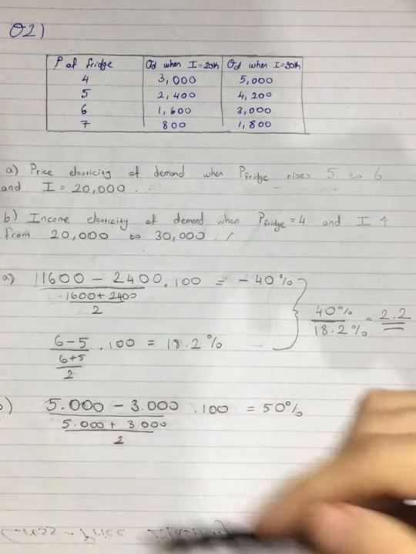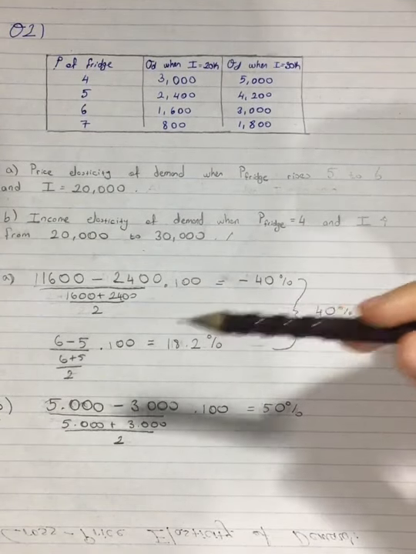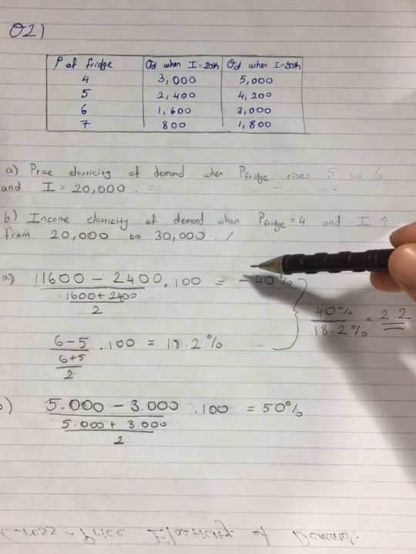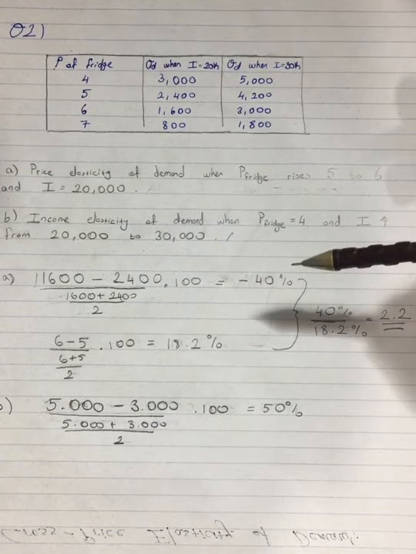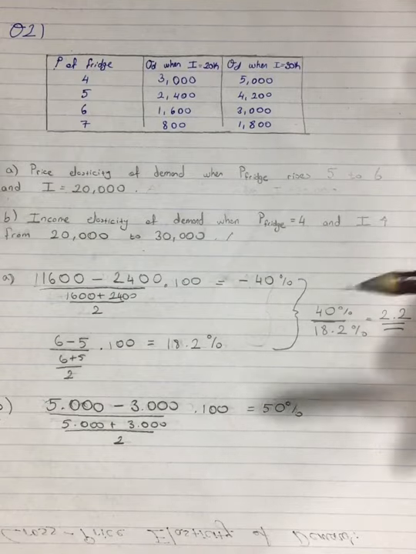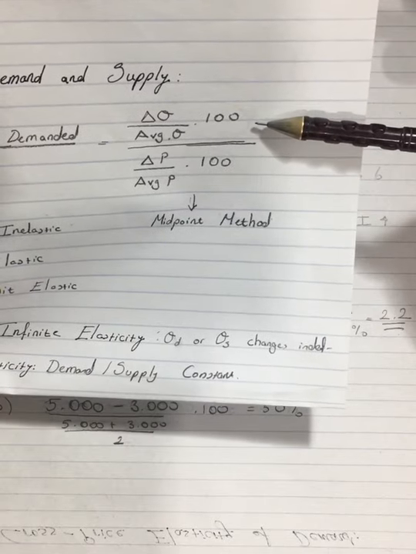We sum these up and divide by 2, and multiply by 100 since we want to find the percentage. It equals negative 40%.